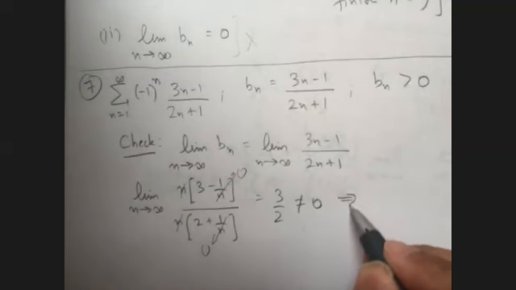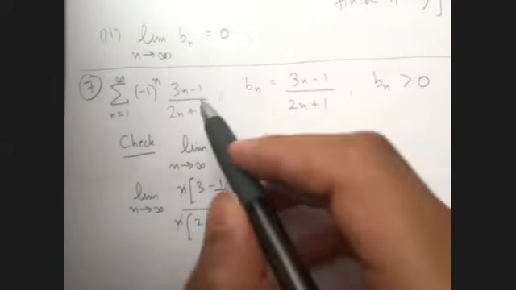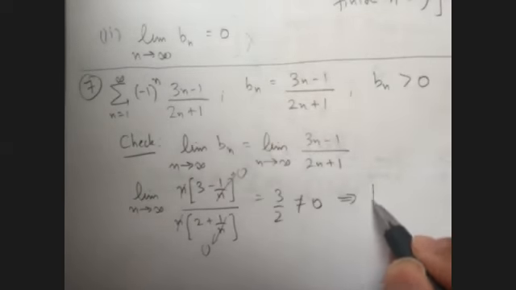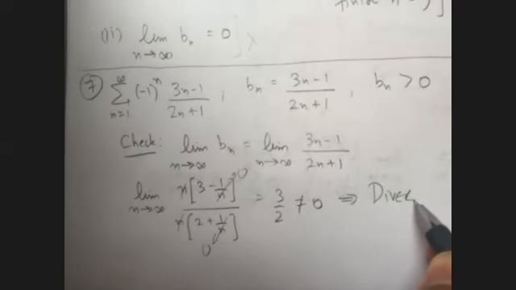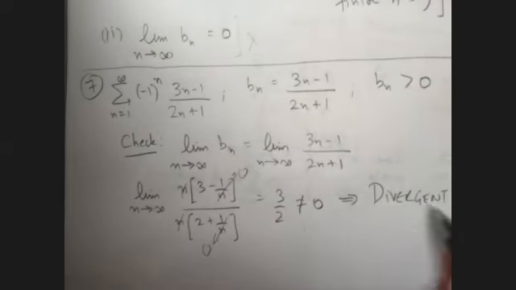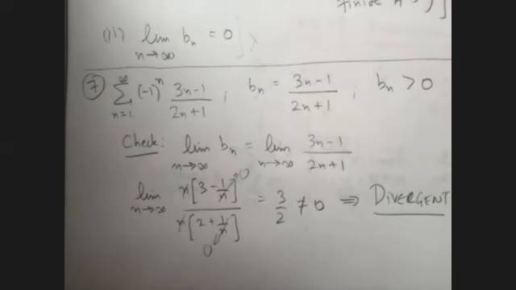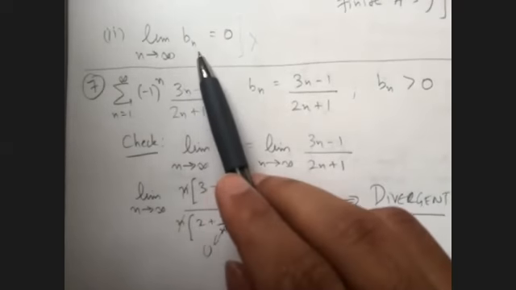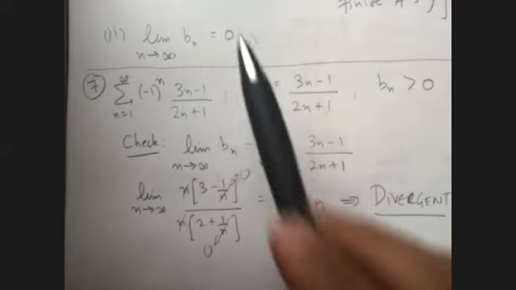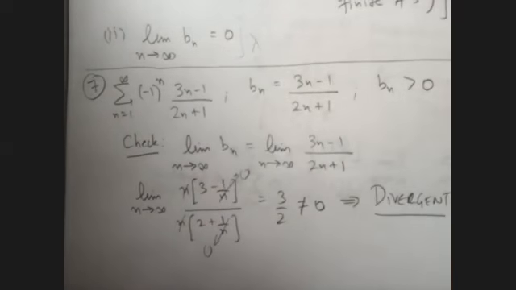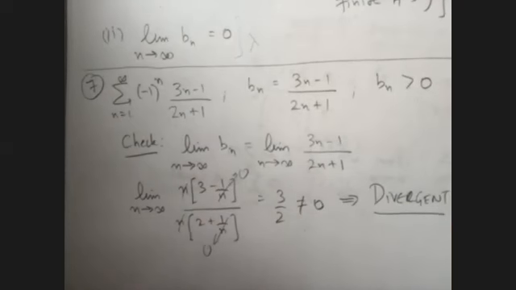So this means that the given series is divergent, because this limit as n goes to infinity of Bn is not equal to 0. Let's do next problem.